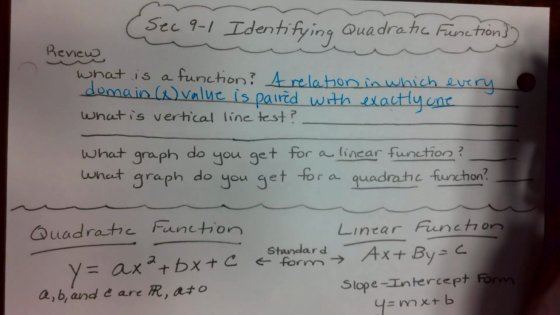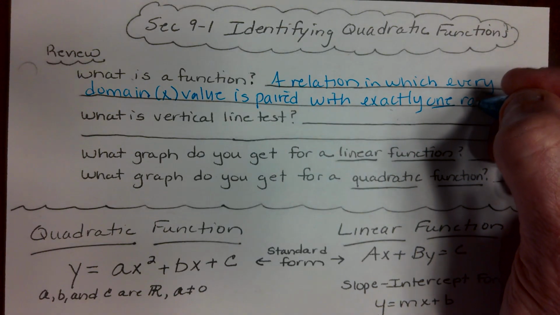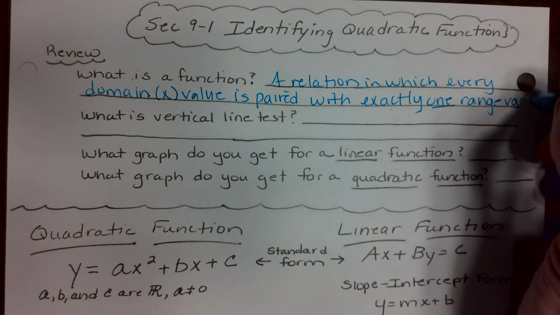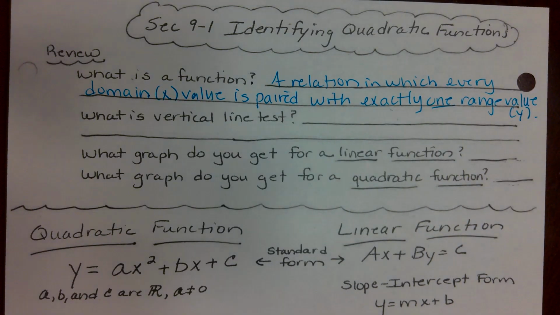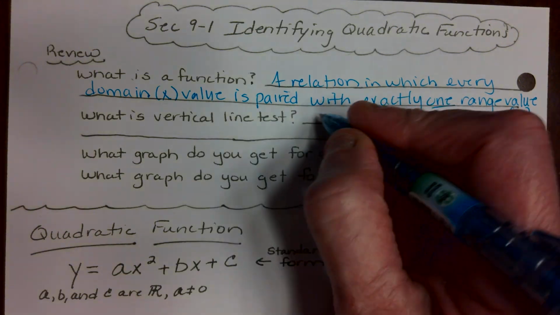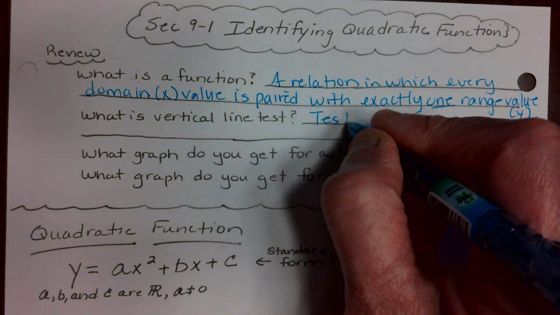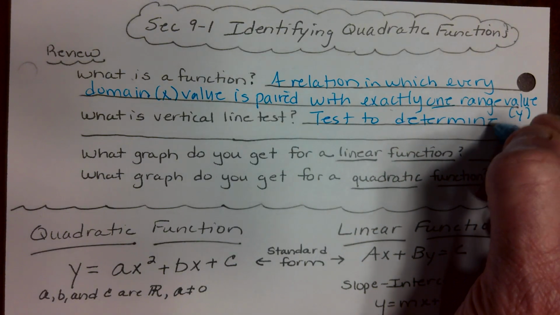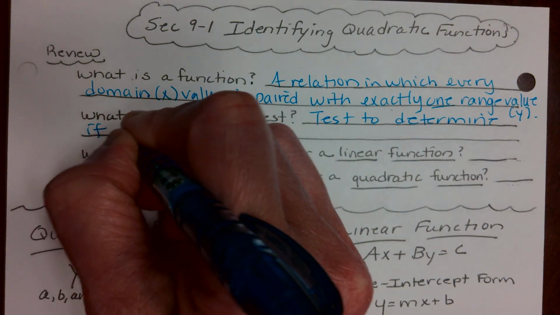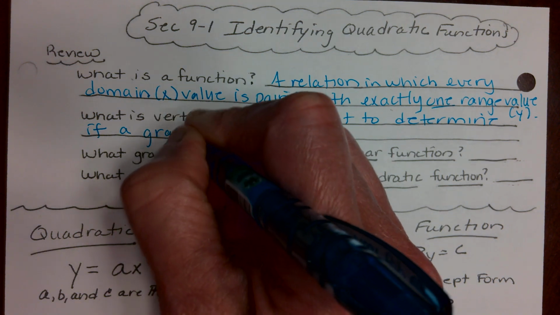Yes, one range value, which is which one? The y, yes. And the vertical line test, what is that used for? It is a test to determine if a graph is a function.